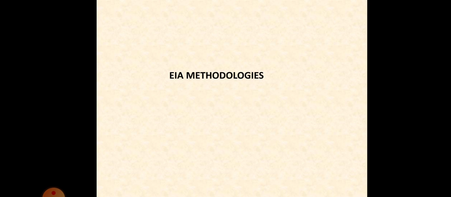So EIA methodology, what is EIA methodology? EIA methodology is actually an approach in order to develop or to identify, to predict, and to value the changes of an action. So when a project is implemented, what are the various effects on the environment? So we have to identify it, or we can even predict the impacts, or we can value what are the changes that may occur due to this action.